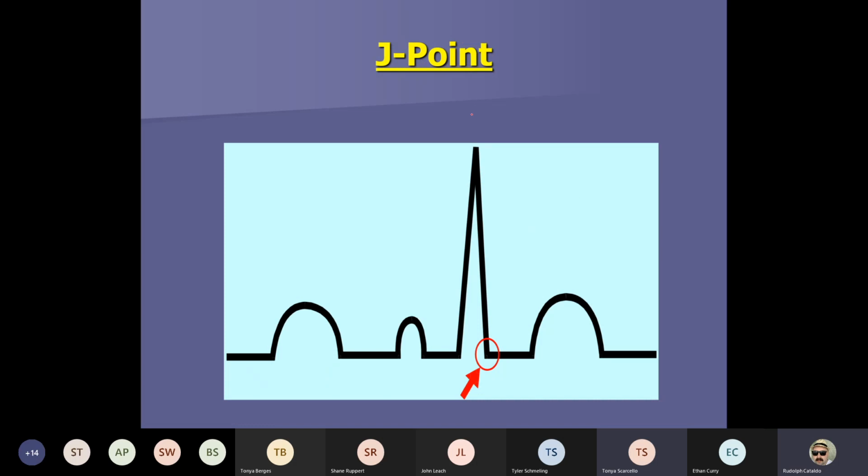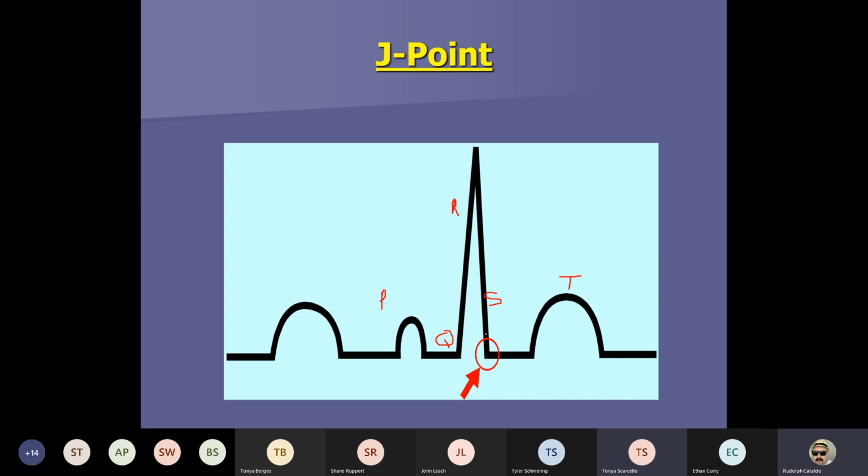When we're looking at a rhythm, I'm going to label some of this stuff. P wave, Q, R, S, and T. Where our S wave begins to come back up to baseline, that corner is called a J point.